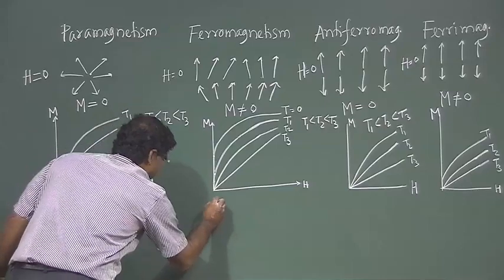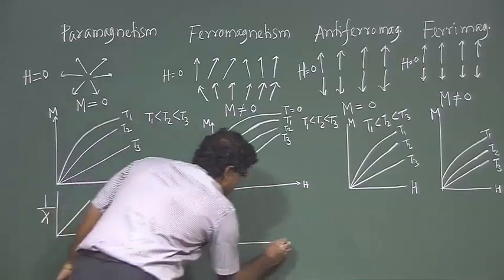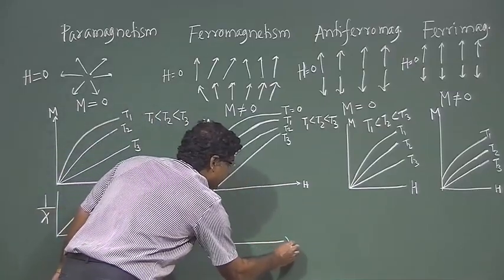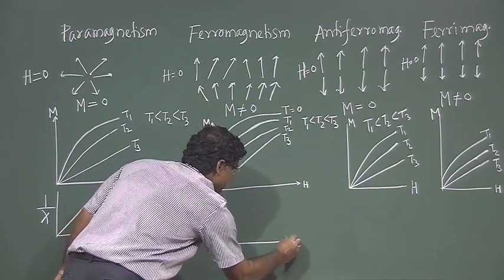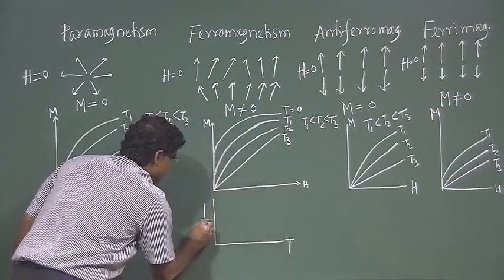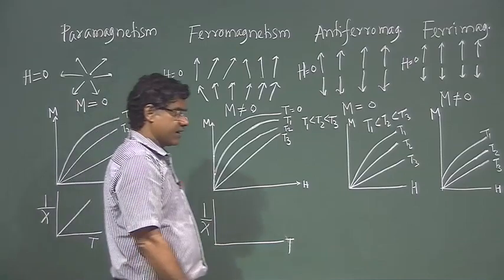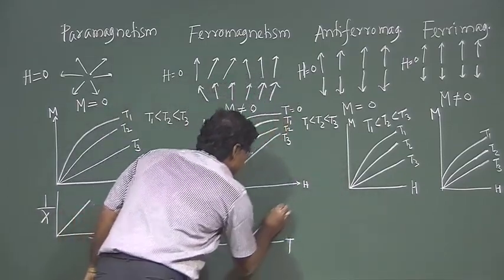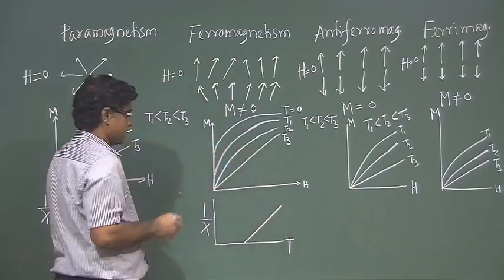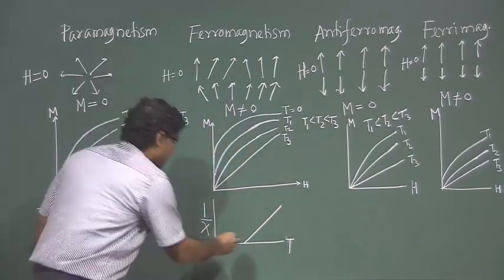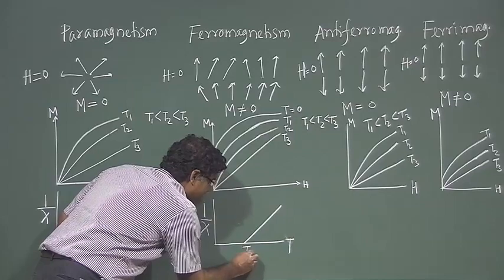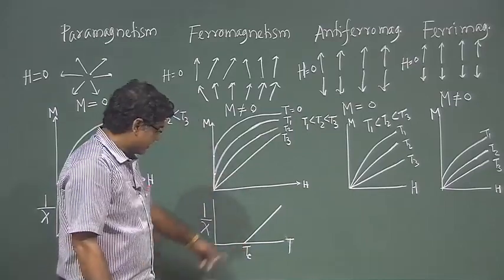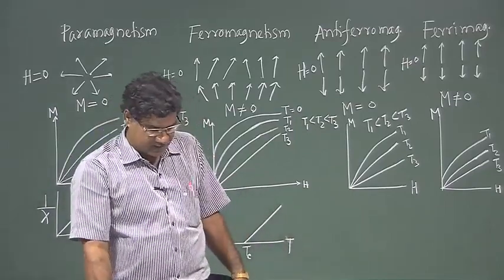For the ferromagnetic case, this is temperature and this is 1 by chi. So, you will get this kind of curve, where this is Tc, the Curie temperature.